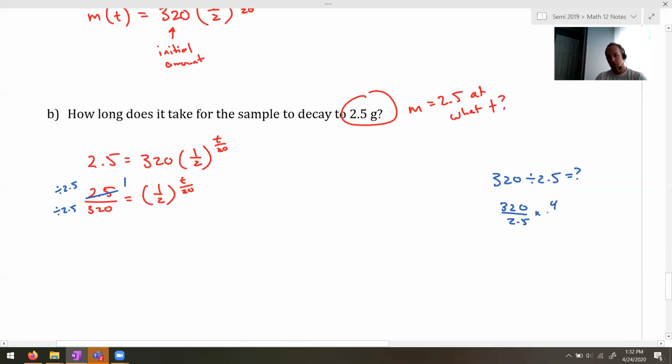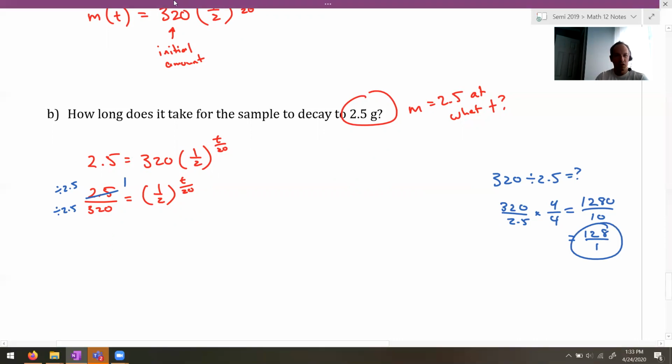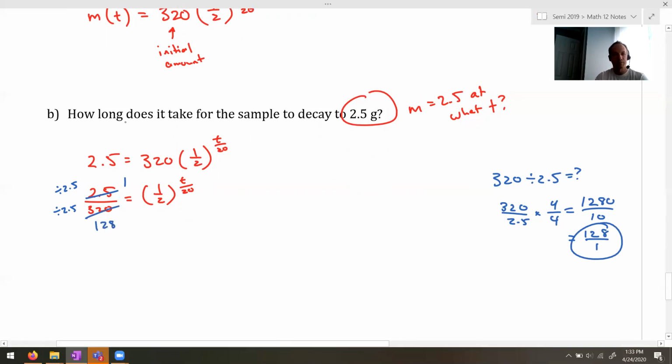Then I'm going to multiply top and bottom by 4. By the way, this is just my thought process in doing this. This is not the way you have to do this. You could probably use a calculator if you want, but when I'm thinking about dividing by 2.5, I like to do it this way. I like to think of dividing it by 10. Okay, so this turns out this is actually going to be 1 over 128.